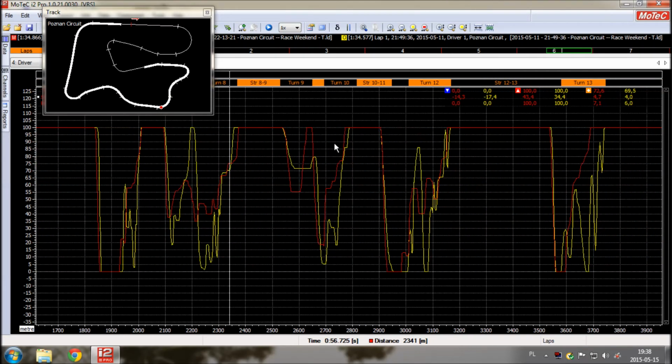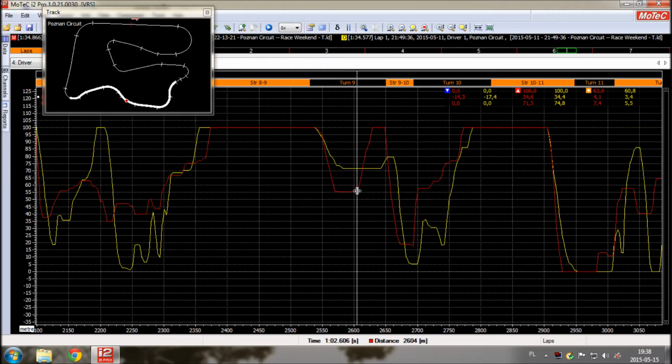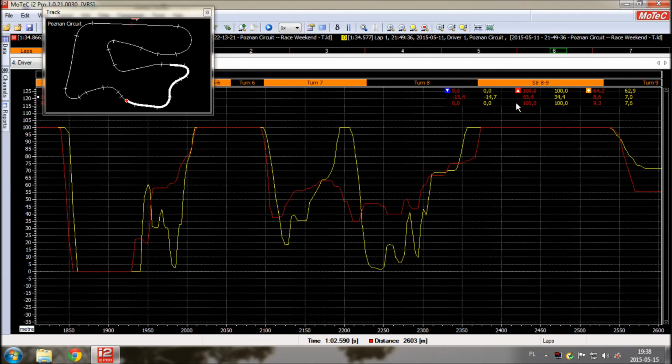Remember, the red one is the second stint, so with improvements. And we can see that in this very quick corner he lifts off the throttle more, but still, the throttle work, so from here to here, was very good.